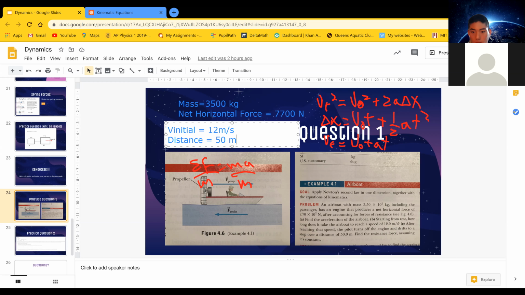Yes, okay. After we got the first equation, what variable do we have to solve for? Look at the givens that they give us and the variable that we need to solve for. Which variable? Vf, v naught, a, which is acceleration, or delta x?